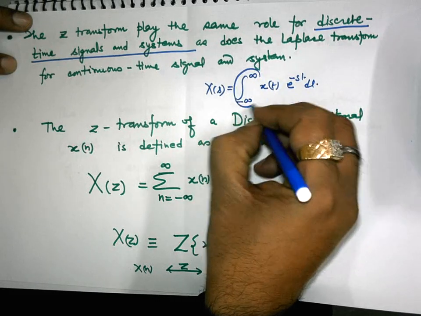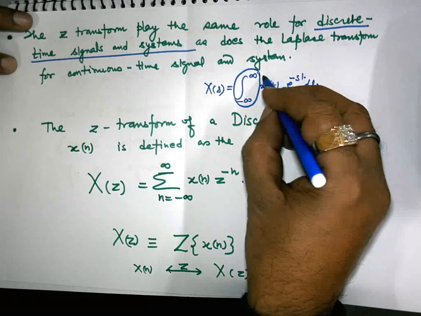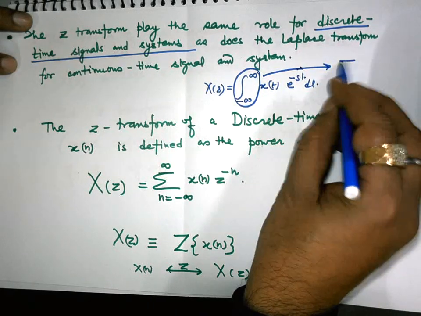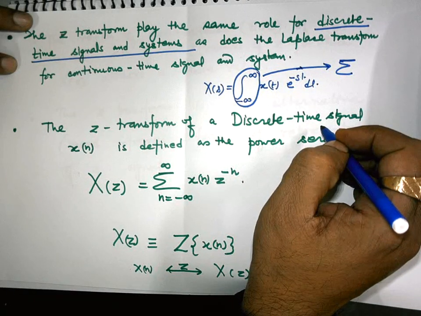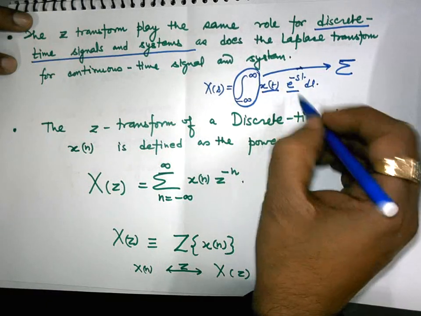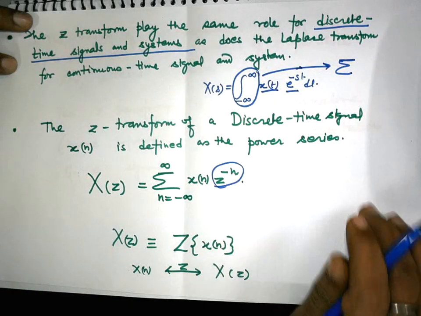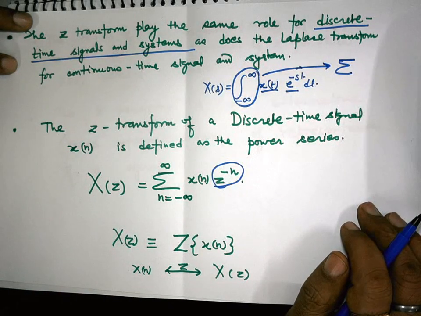Here the integral is configured in the form of summation. Integral becomes summation in discrete time domain. This x(t) becomes x(n), and this e to the power minus st becomes z to the power minus n.